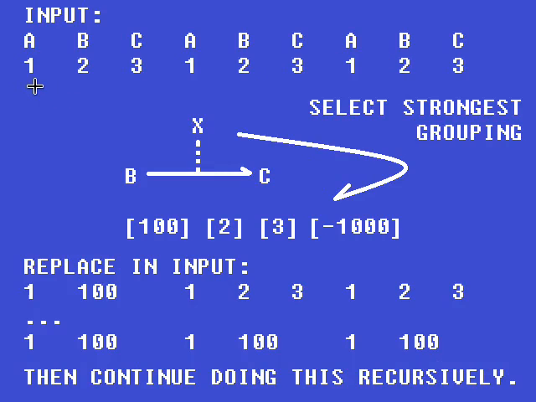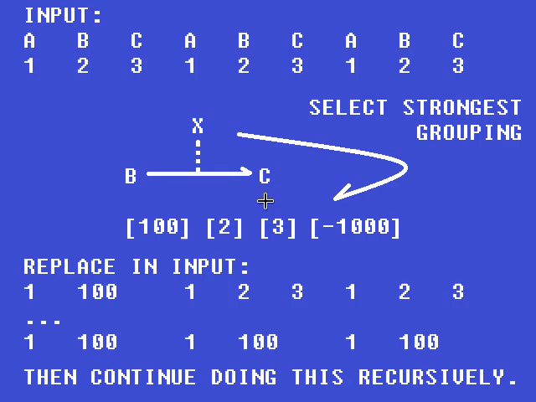This can be parsed as numbers, each symbol being denoted by one number, into 1, 2, 3, 1, 2, 3, 1, 2, 3. I shall not discuss exactly how the parsing is happening, but obviously there is a parser, and all you need to know is that it turns symbols into single numbers. So, you know that you should group B and C because this is having a really strong vicinity connection.